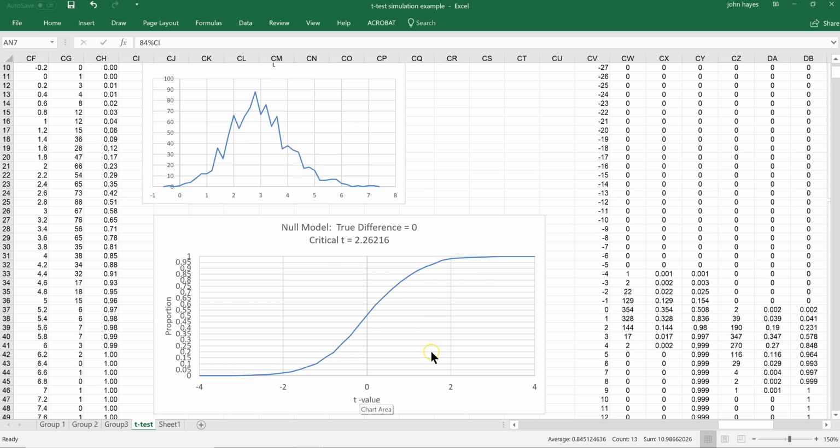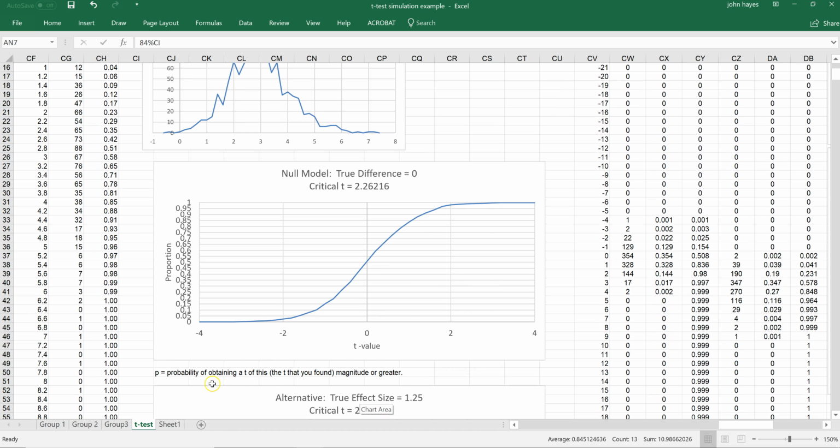And the probability is of obtaining a t of this value or greater, and I should have added, given the null hypothesis is true. So that's our definition of P, and that's another way you can look at it. I think that'll be enough.